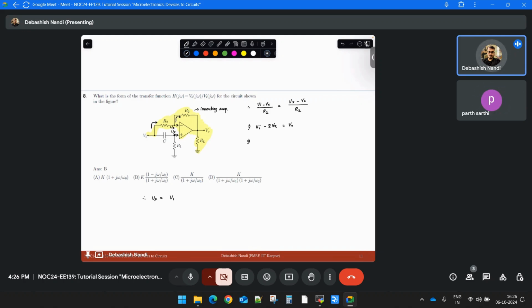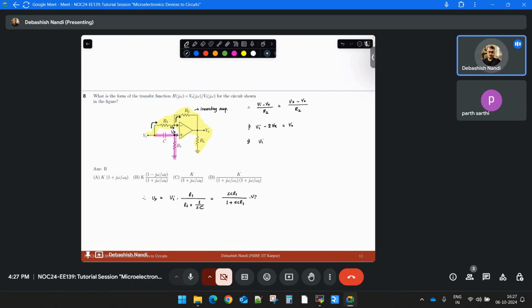Vx is equal to Vi times R1 over (R1 plus 1 over SC), because this is your voltage divider. So that is SCR1 over (1 plus SCR1) times V in.